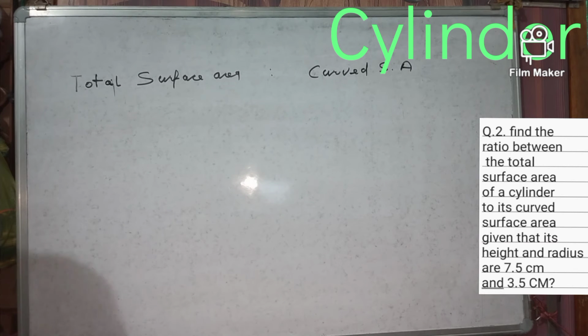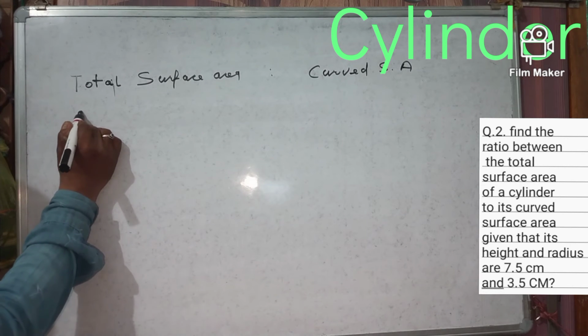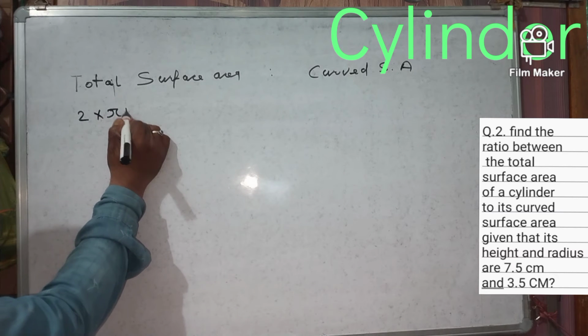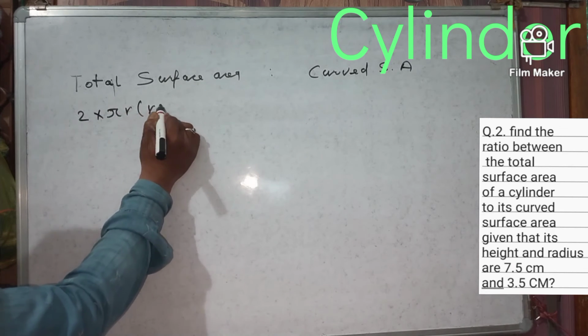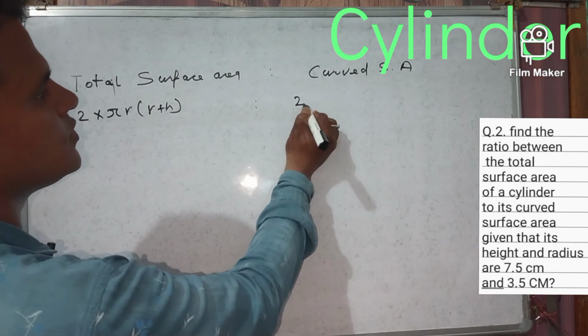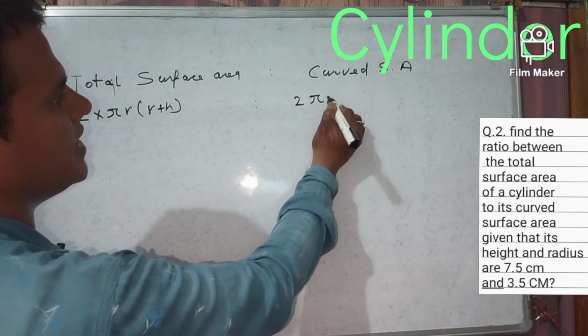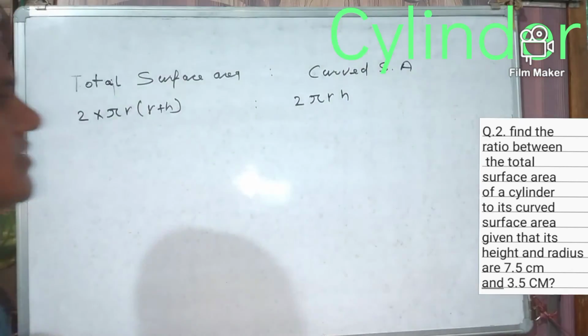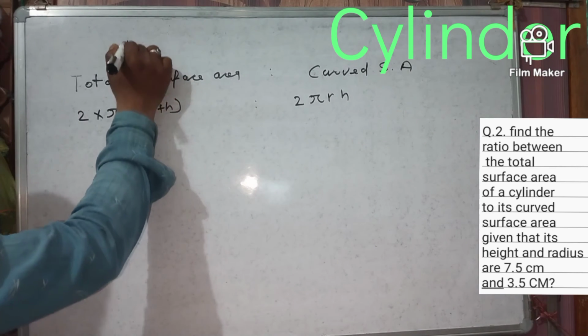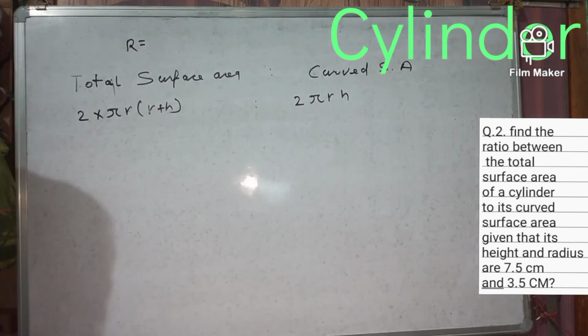Okay, so what is the formula of total surface area? Total surface area formula is 2 into pi into r plus h, ratio 2 pi r h. Radius is given. What is radius? Radius is equal to 3.5 centimeter and height is 7.5 centimeter.